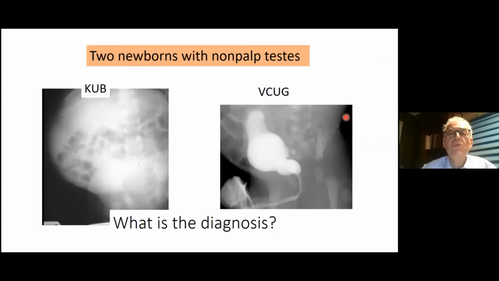These are two newborns with non-palpable testes. I think this is an easy one for you guys. Let's see. Pull up the chat for a second. I can't seem to get it to the right size. Give me 1 second here.